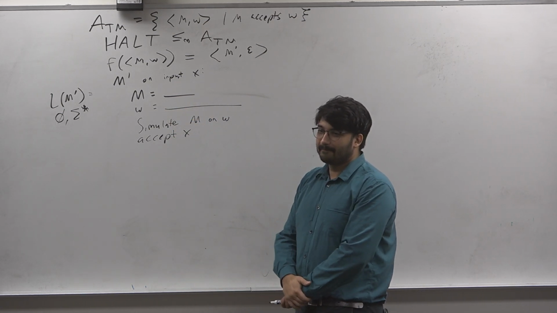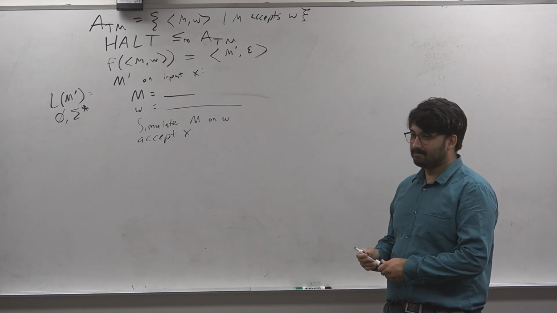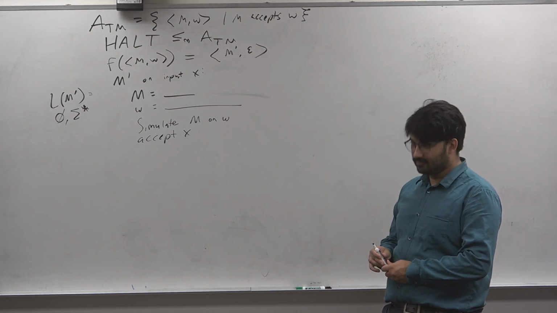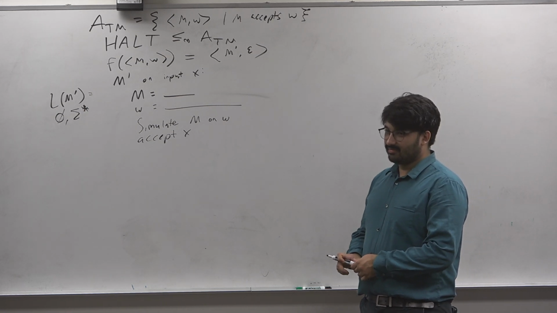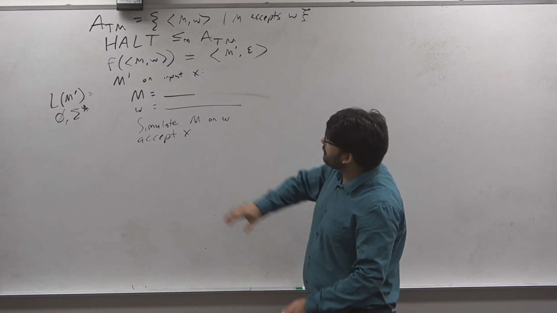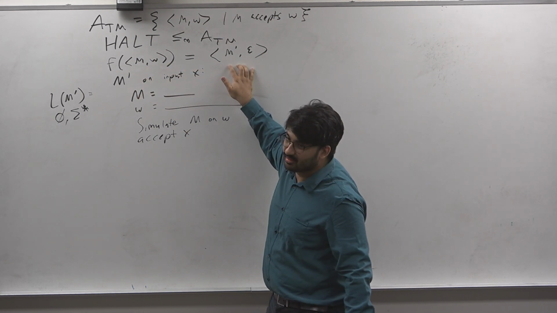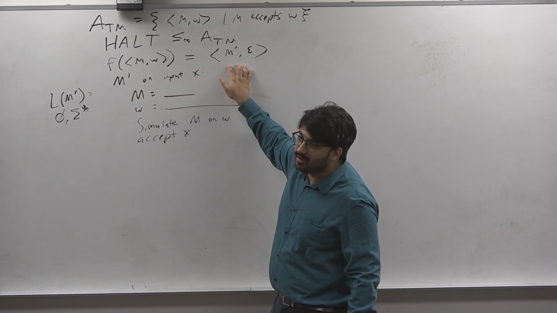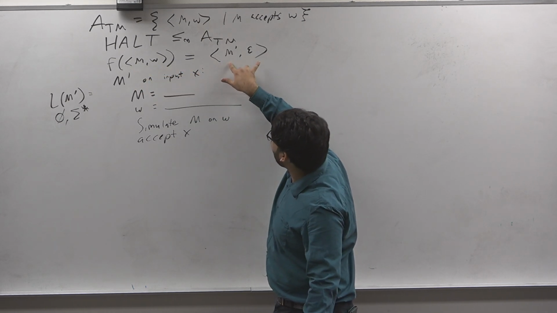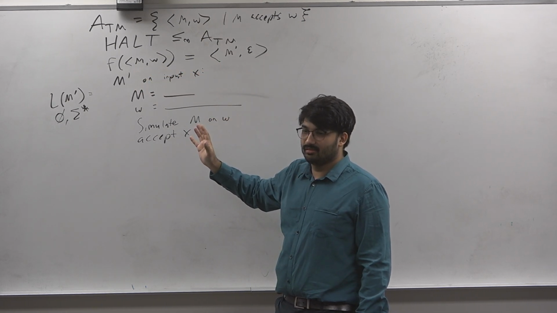It's not an actual placeholder, but for our proof it's not important what it is. Exactly. You can think of this as mapping strings to strings, good to good and bad to bad. You don't have to think of M and W and M prime as anything significant.